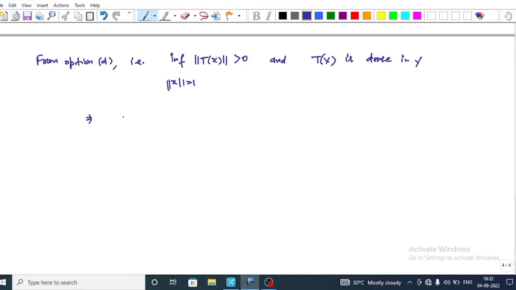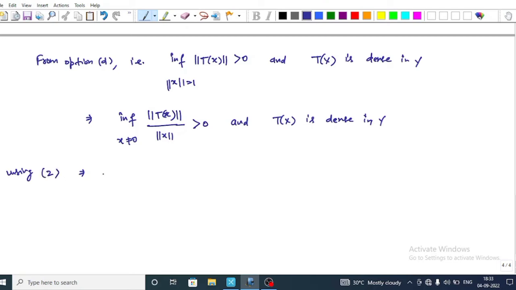As norm of x is equal to 1, this implies that x cannot be equal to 0, and norm of T of x, we just add norm of x in the denominator, greater than or equal to, as it is, and T of X is dense in Y. Now using result 2, infimum over x not equal to 0 of norm of Tx upon norm of x is greater than 0, and from result 2 we have T of X is dense in Y if and only if kernel of T prime is equal to 0.